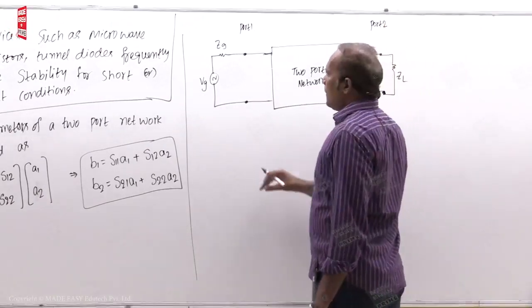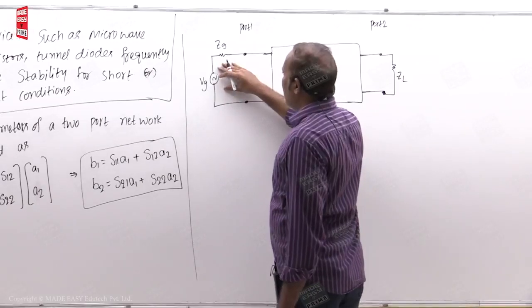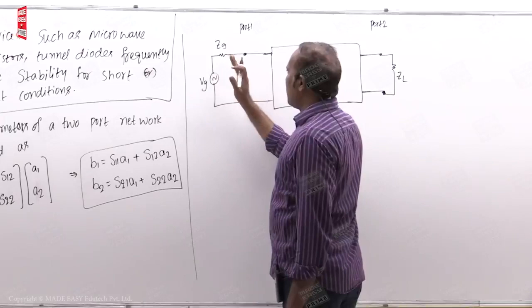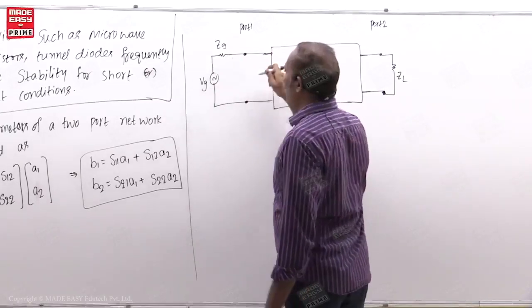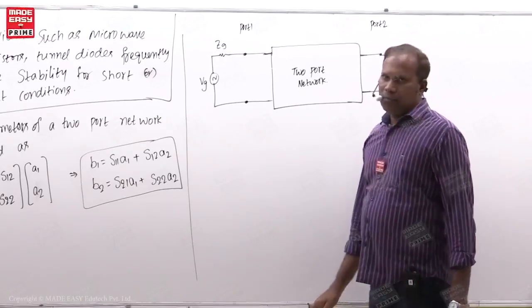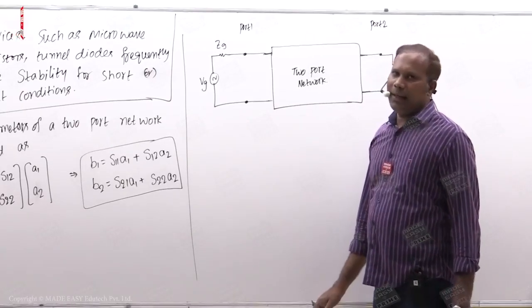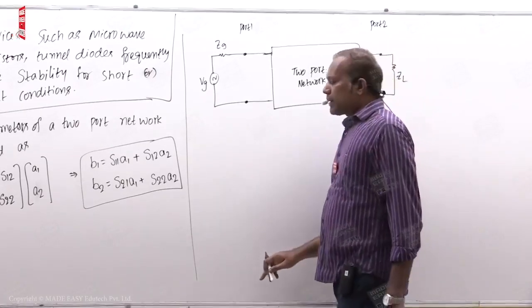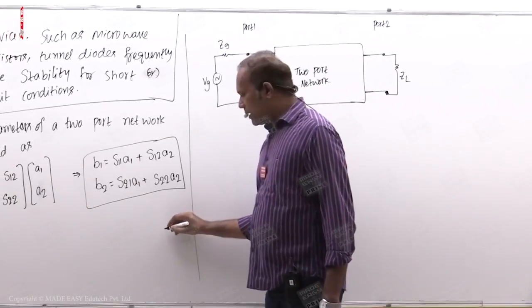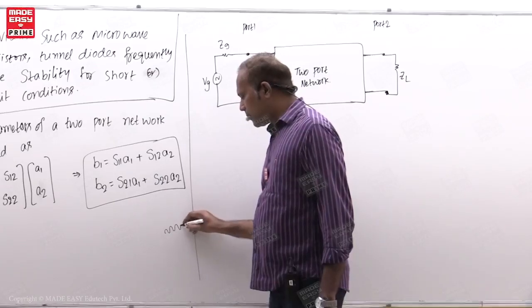Now at port 1, whatever signal from the source enters port 1 is called an incident wave. The high frequency signal symbol is shown like this, students.